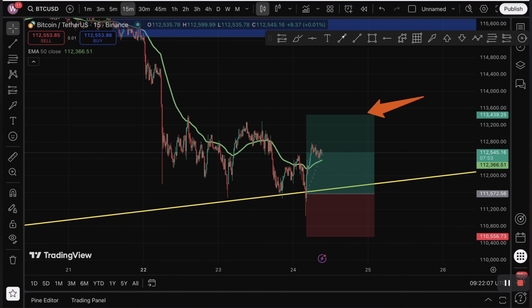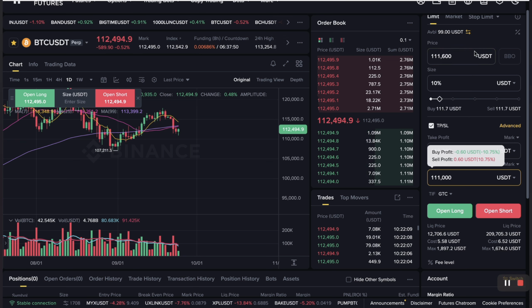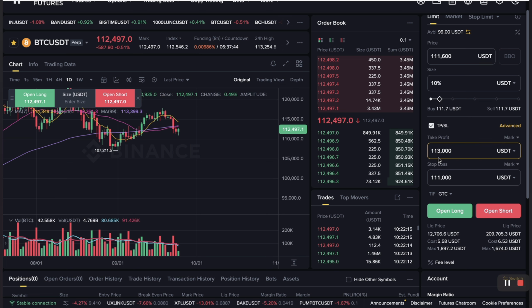All right, so let me just go to my Binance again. You can see I want to buy at 111,600. Then I want to take profit at 113,000. So my stop loss is just 111,000. Do you understand? Can you see I'm using just 10% of my capital to trade on this BTC.